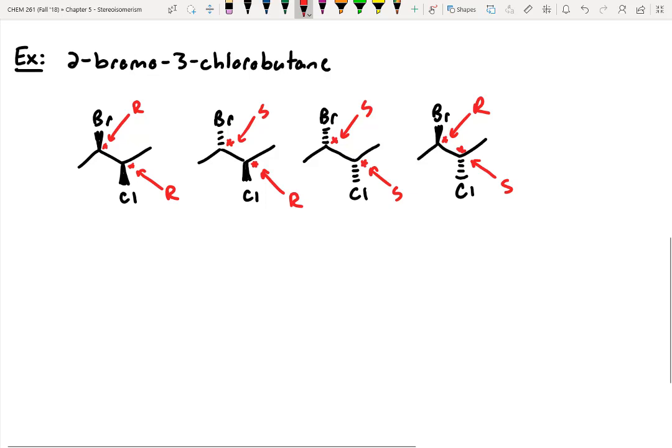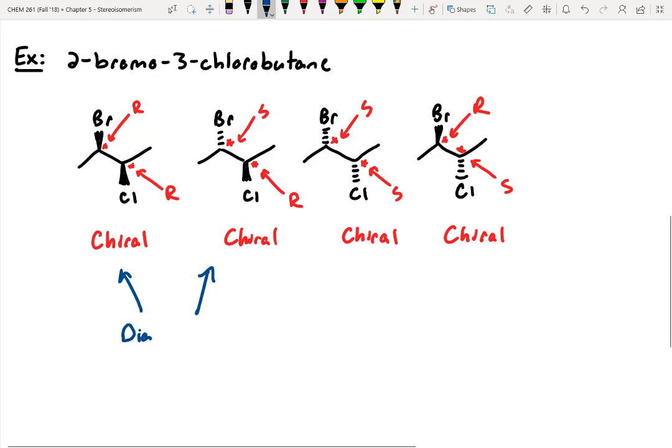That means they all must be chiral. All right, now let's do relationships. So what's the relationship between the first two? They're the same connectivity, but are they mirror images? They're diastereomers. They're not mirror images.